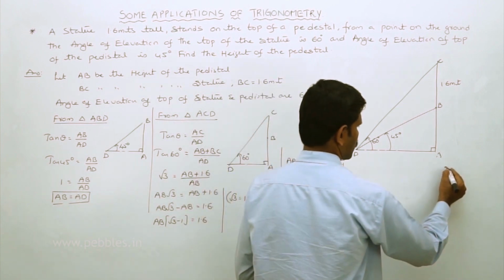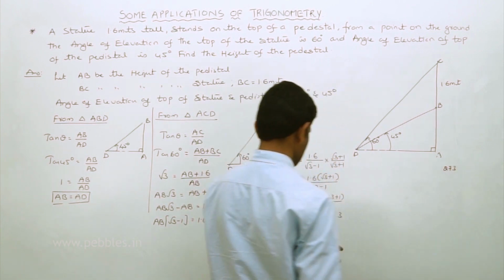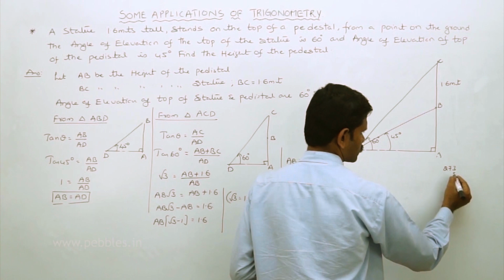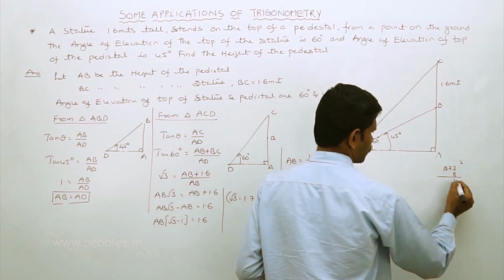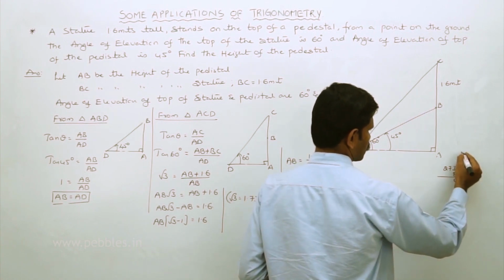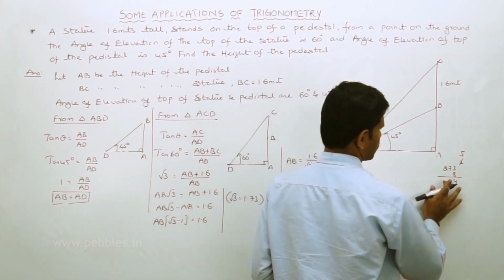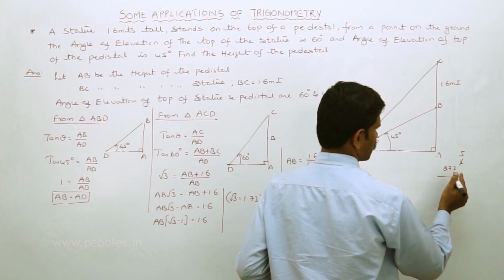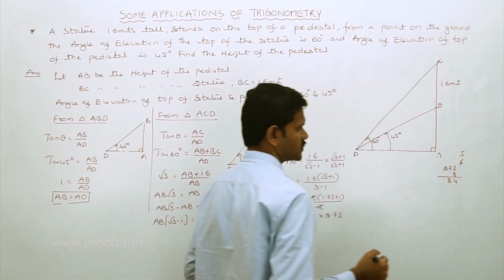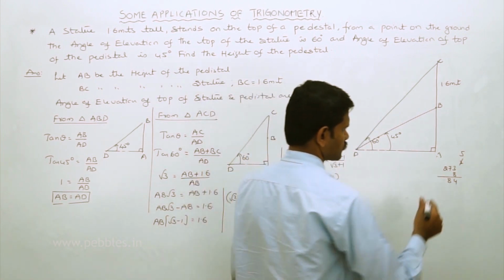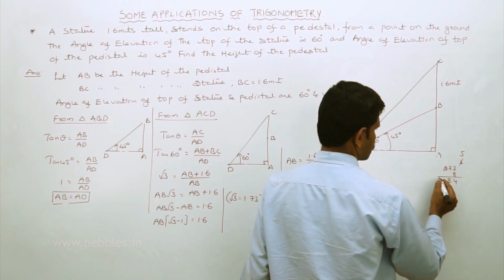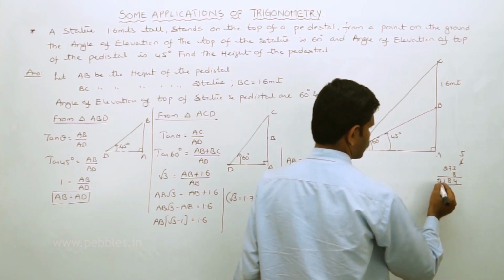Let me do the calculation in the margin. 273 times 8: 24, 56, 58, 58, 16 plus 5, 21.